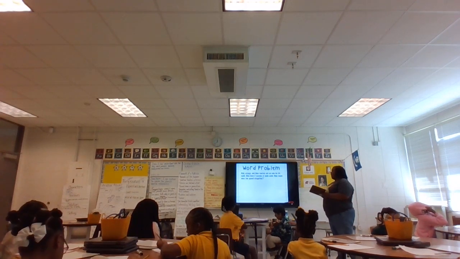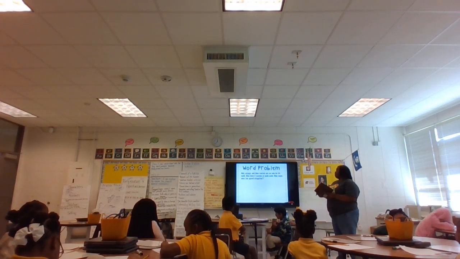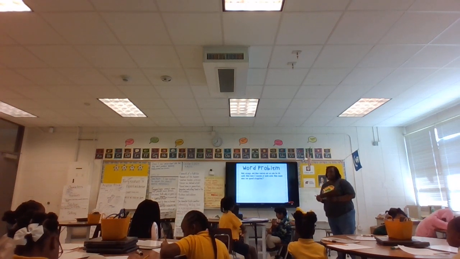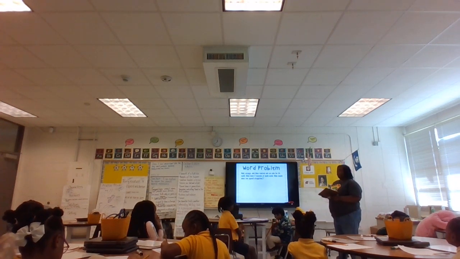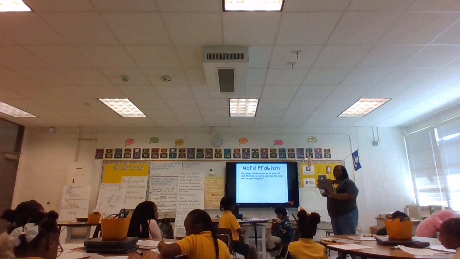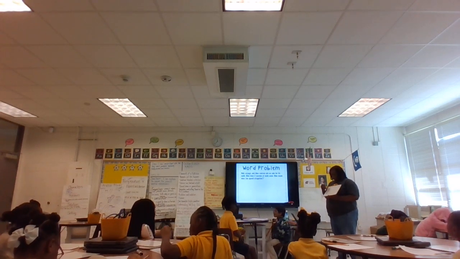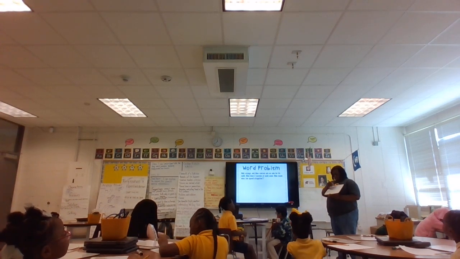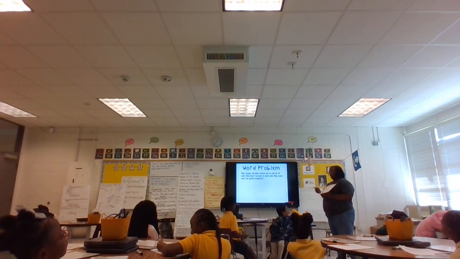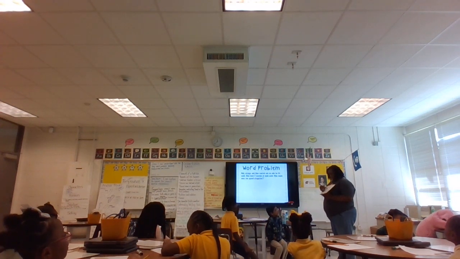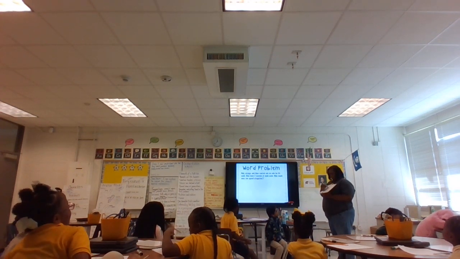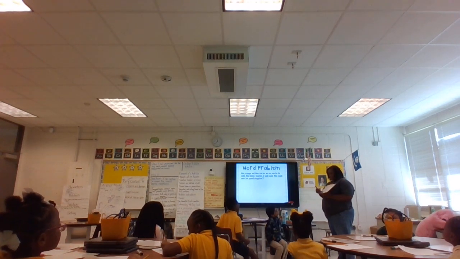Okay. So she buys 2 scarves of each color and they cost how much each? $4. So that means she bought what? 2 reds. She bought how many oranges? 2. And then 2 blue.